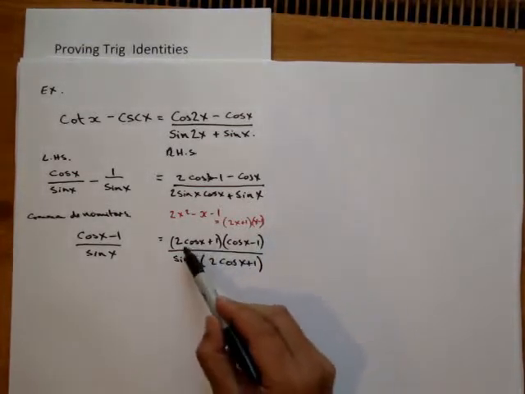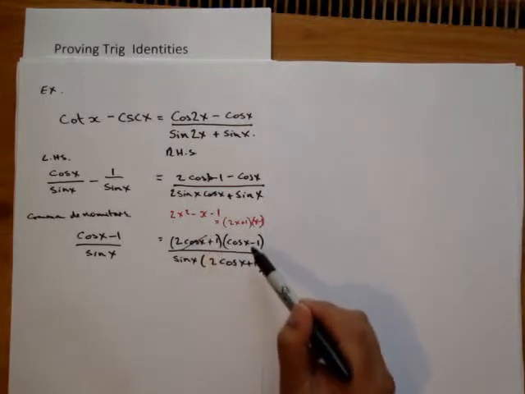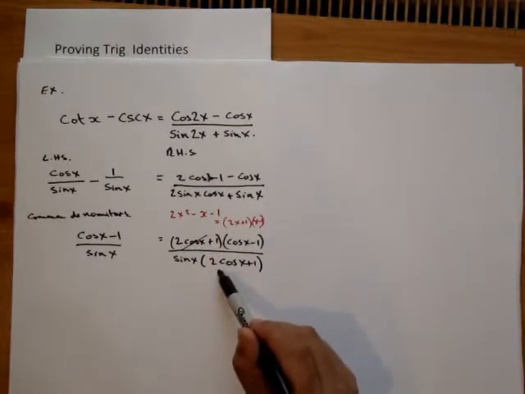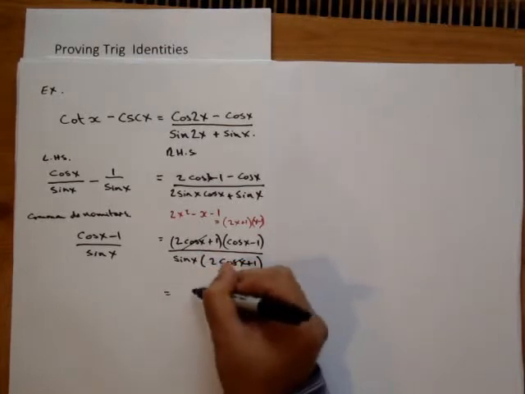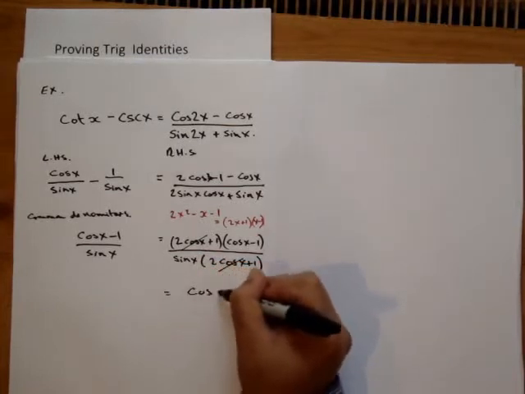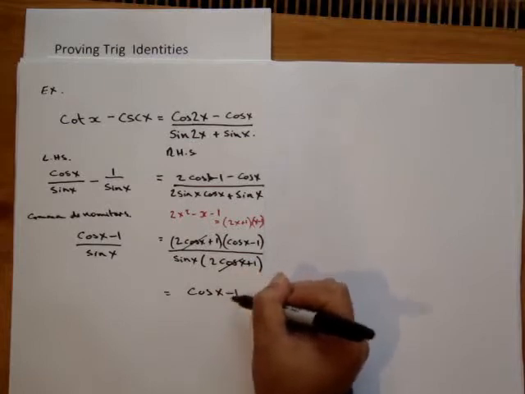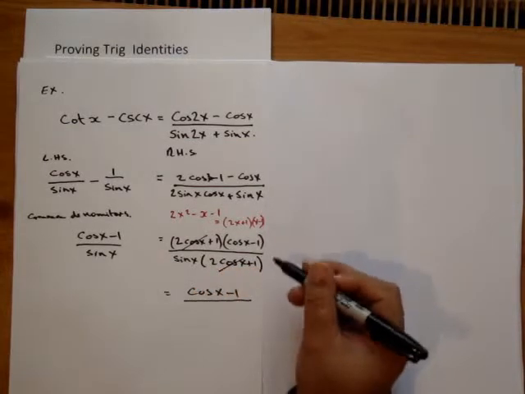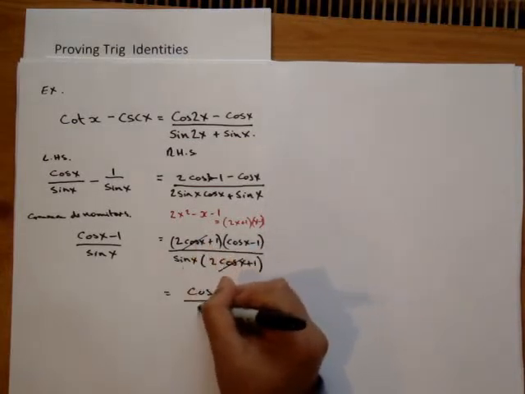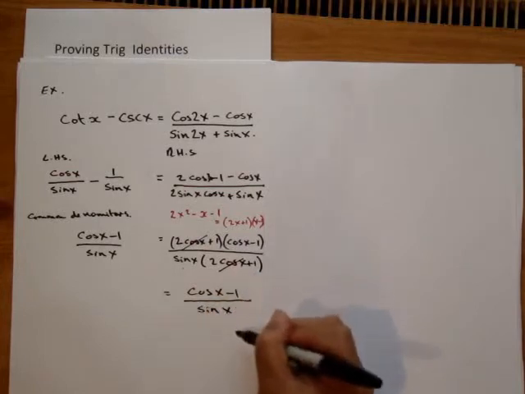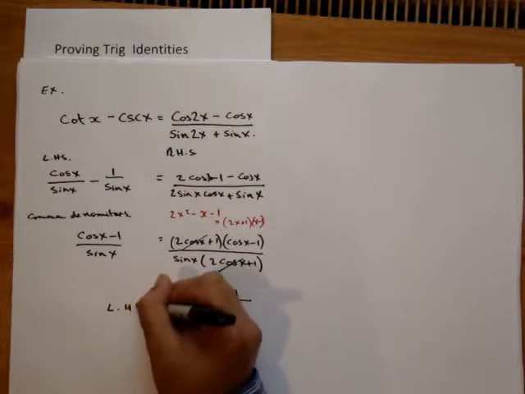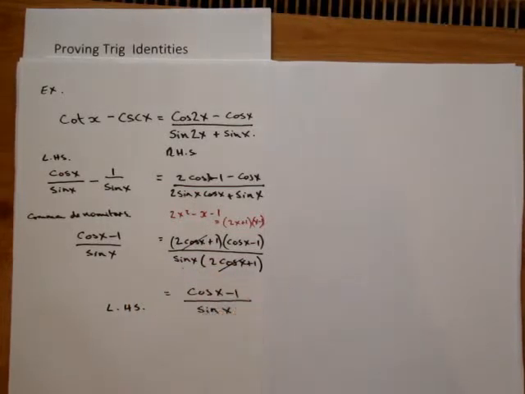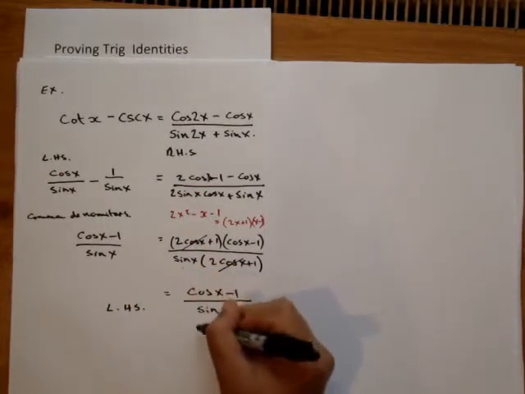So we have a 2 cos x plus 1 on the top and a 2 cos x plus 1 on the bottom, and this leaves us with cos x minus 1 all over what's left there, sin x. So the left hand side equals the right hand side.